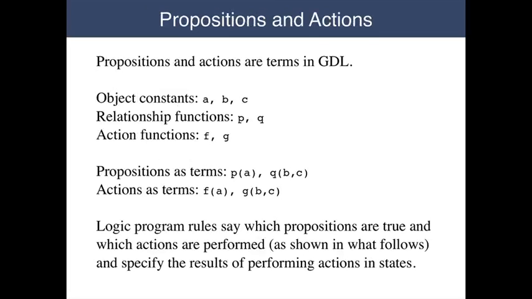The propositions comprising states can be thought of as either object constants or functional terms in our language formed using the relationship functions. Similarly, actions can be either object constants or functional terms formed using action functions.